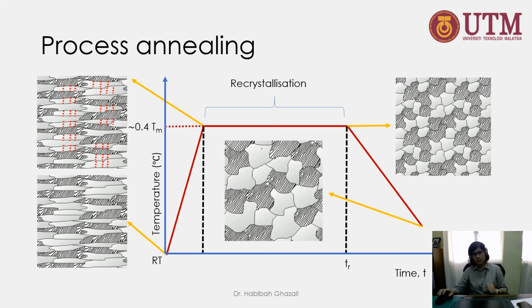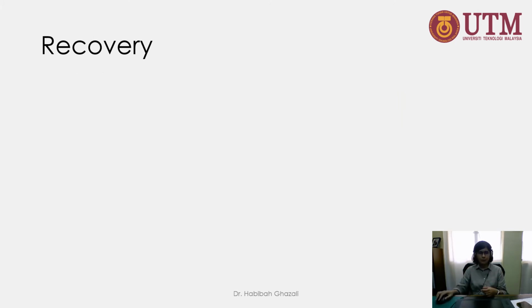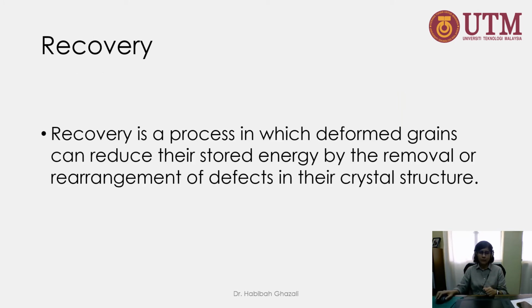There are three processes involved in process annealing, which are recovery, recrystallization, and also grain growth. During the recovery process, the deformed grains will reduce the stored energy by the removal or the rearrangement of defects in the crystal structure. As we learned yesterday, dislocations interact with each other. If we have two dislocations that have different configuration, because now we heat up the material, the temperature is higher, they can move.